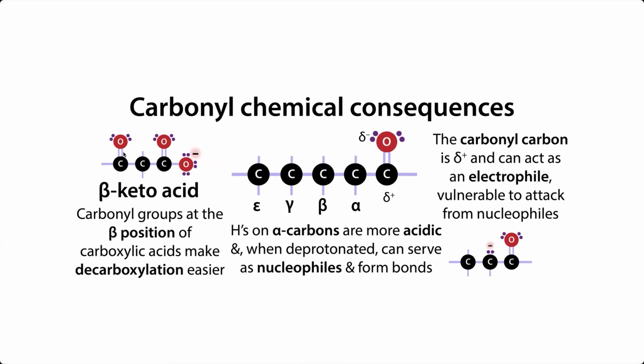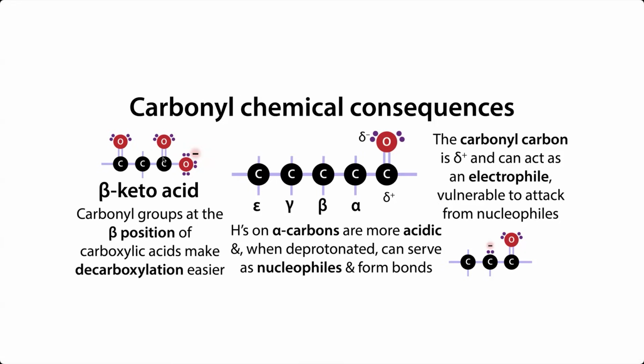If you have a ketone that is in the beta position of a carboxylic acid, so we have our carboxylic acid, this would be our alpha position, and this would be our beta position. We have a beta keto acid with the ketone in the beta position to the carboxylic acid. This is going to make it so that this carboxylic acid group is going to be easier to decarboxylate. So it's easier to remove this.